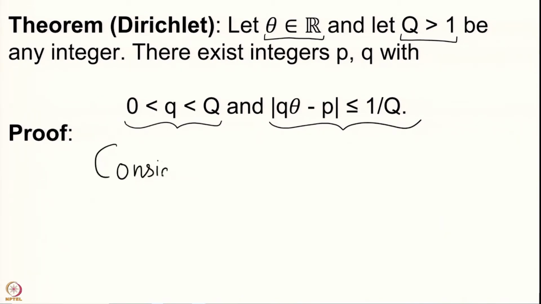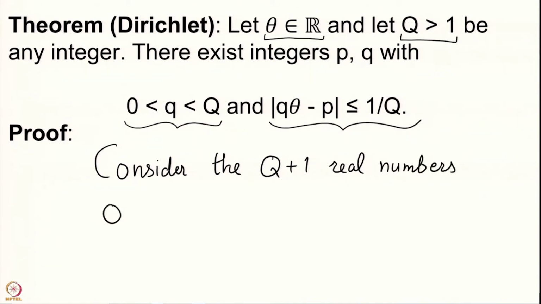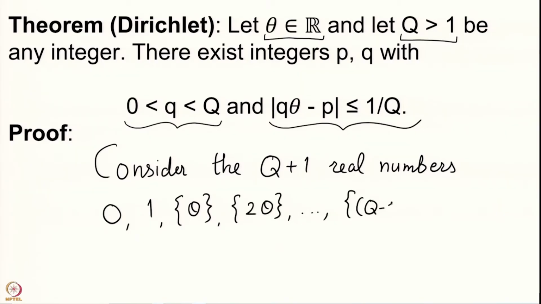Consider the Q plus 1 real numbers 0, 1, fractional part of theta, fractional part of 2 theta, so on up to fractional part of Q minus 1 into theta.